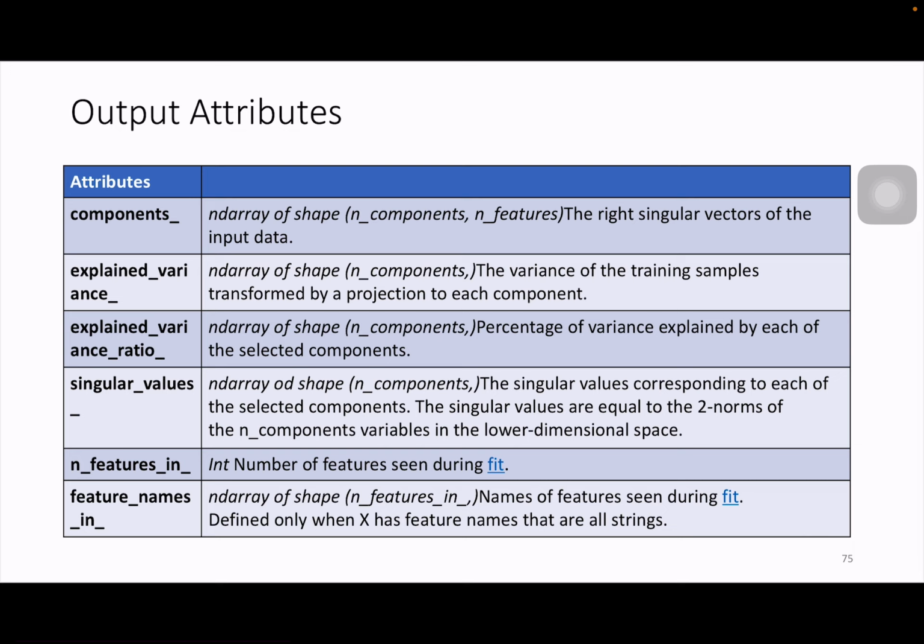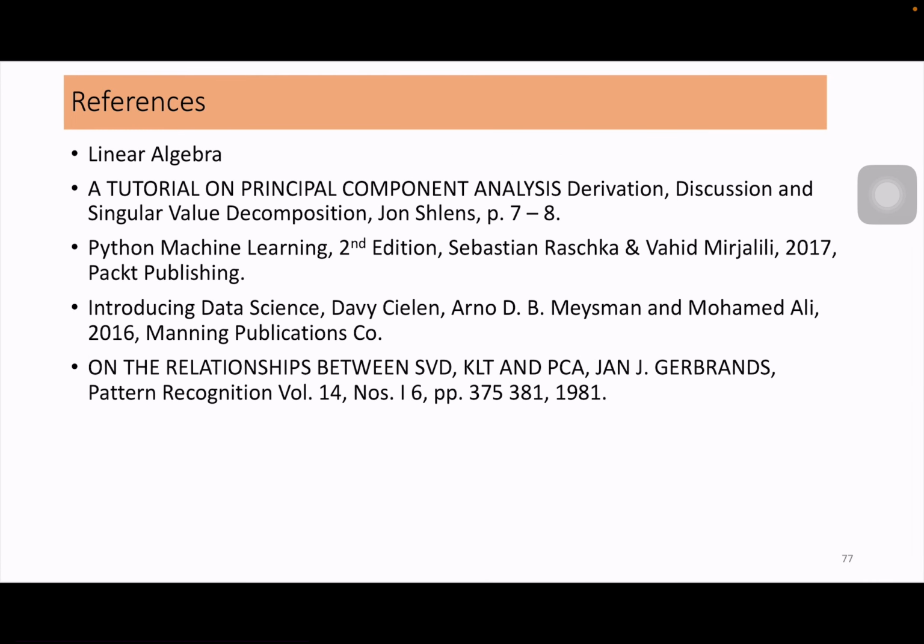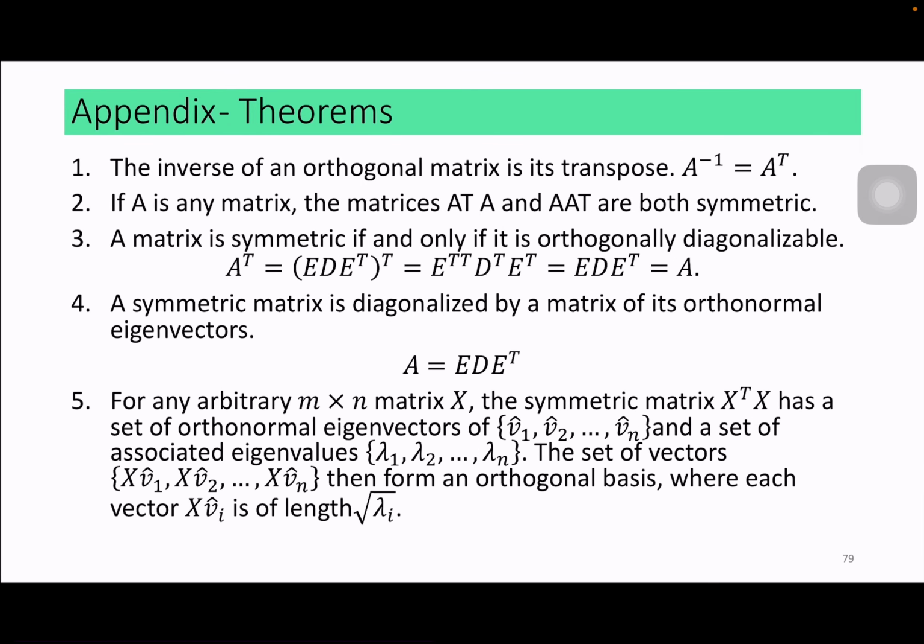Output variables could be components, explained variance, explained variance ratios, singular values, and then the features and features mean. Yeah, so this is the data for the compressors with speed, pressure, etc. And then, yeah, the reference is like Euler. So that's basically how it actually works.